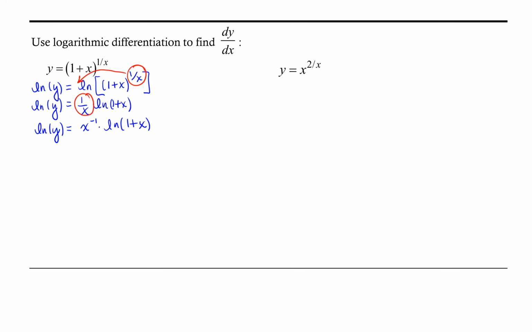And while we do that, on the right-hand side, we have to use the product rule. And we will also need to be aware of where we need to use the chain rule. So taking the derivative with respect to x on the left side of the equation, and the derivative with respect to x on the right-hand side of the equation.